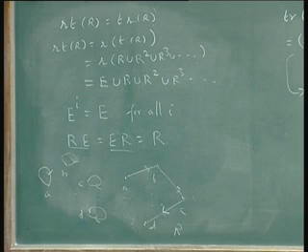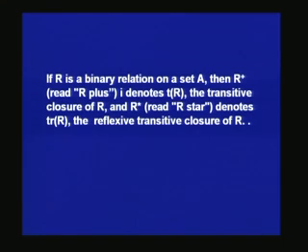Now, generally you say that if R is a binary relation on a set A, then R plus denotes the transitive closure. Transitive closure is usually denoted by R plus. Instead of T R, many times you will use the notation R plus, that is the transitive closure.